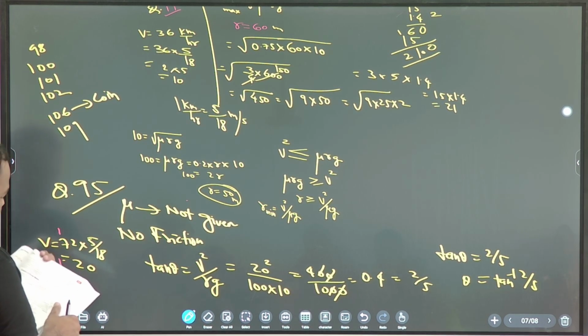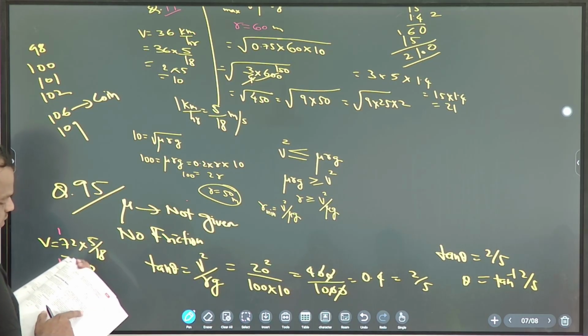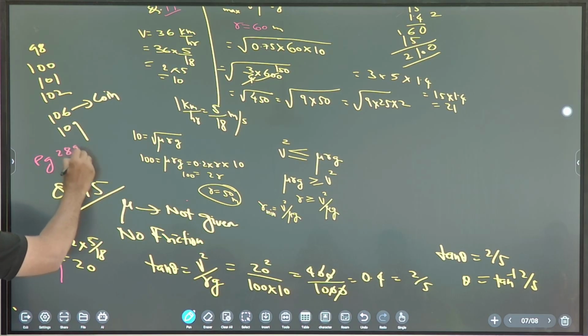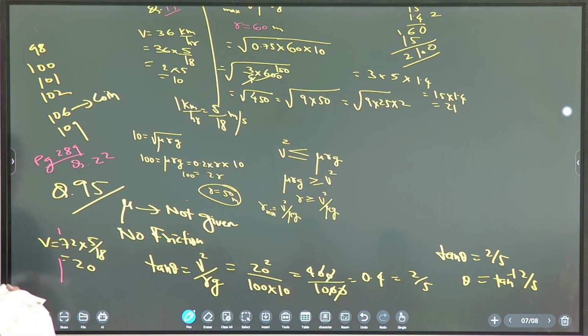Then the 289 NEET 2016 question is there. Page 289, question 22. Okay, finish all questions now.